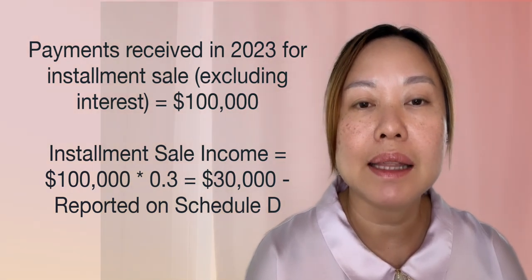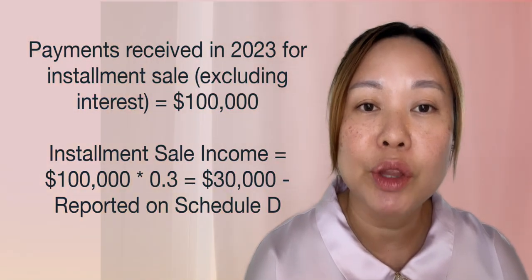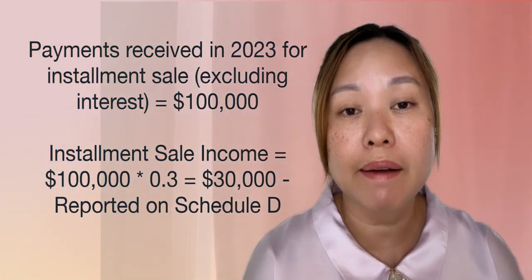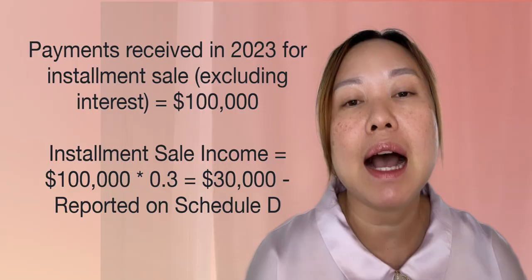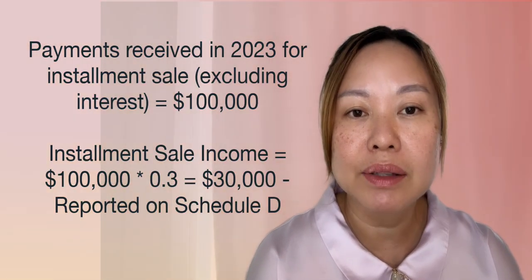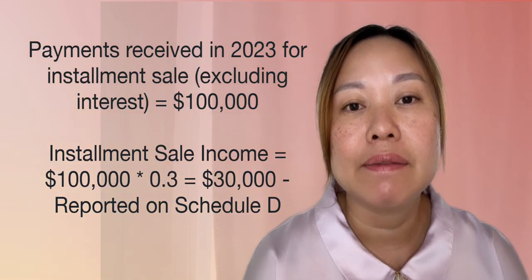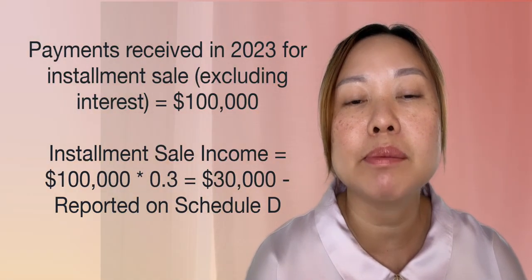So we take the down payment that we received, the $100K, times the 30% gross profit percentage, and that gives us $30,000. This $30,000 is what we recognize as capital gains for this year, and it will be reported on Schedule D.